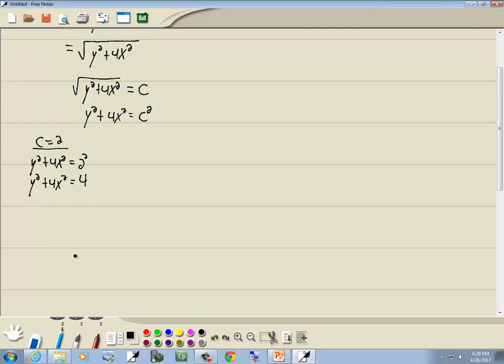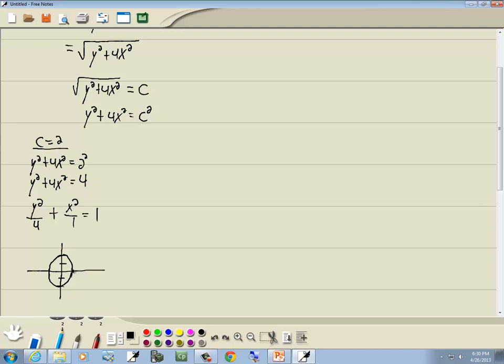And if I were to divide everything by 4, then we'd get y squared over 4 plus x squared over 1 is equal to 1. Now this shape right here is an ellipse, where your x is a distance of 1 and your y is a distance of 2. So that's what that shape would look like.